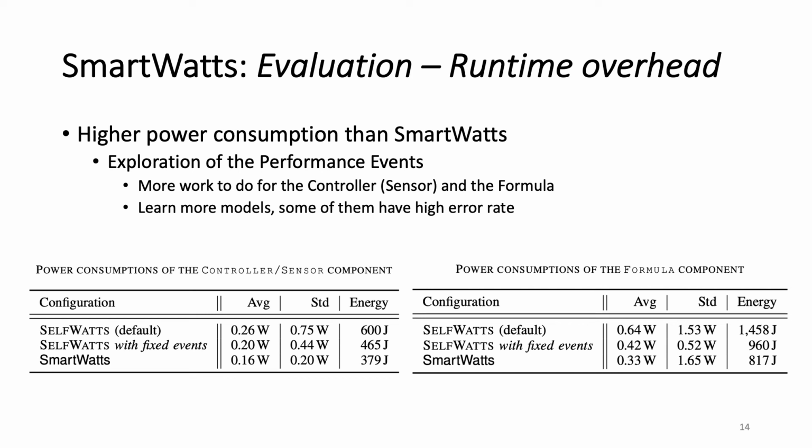So the exploration can lead to a lot of bad power models, which can be costly to learn over time. So the result was expected. However, we can see that the increase in power consumption is very low. So the benefits that SelfWatts offers are more interesting than the loss in power consumption.